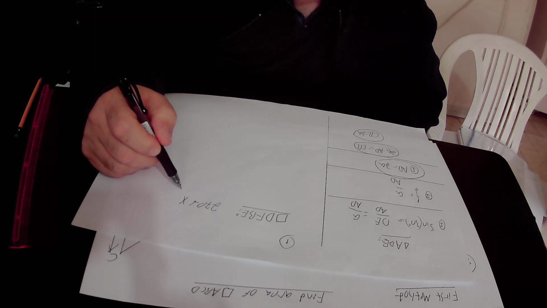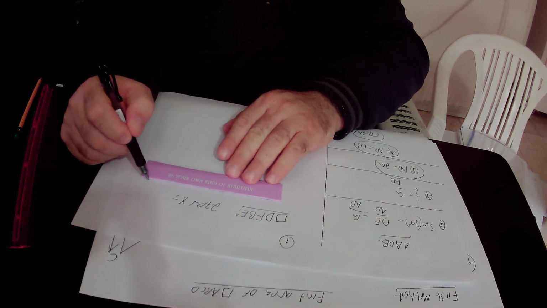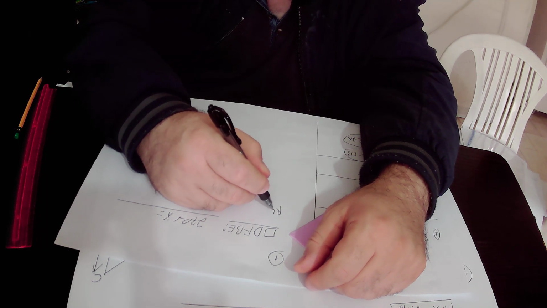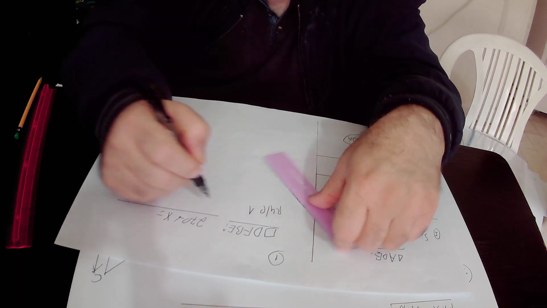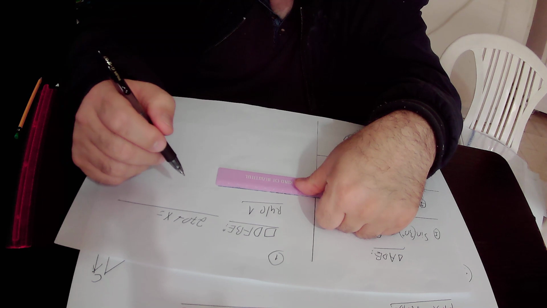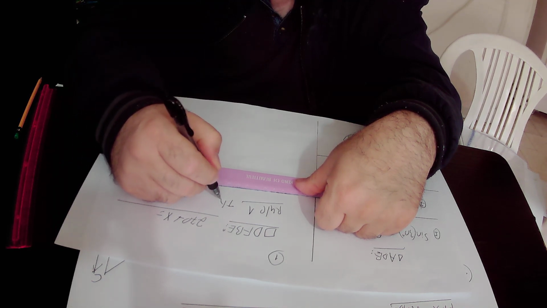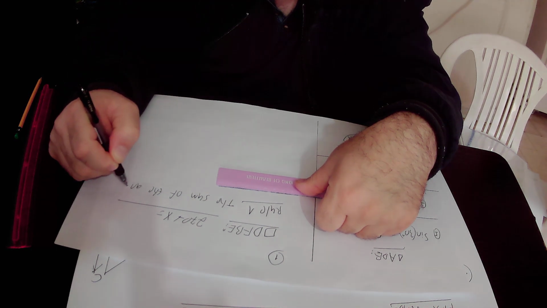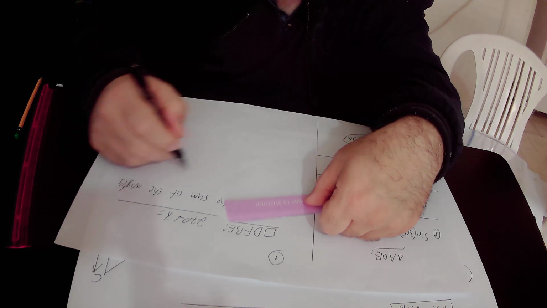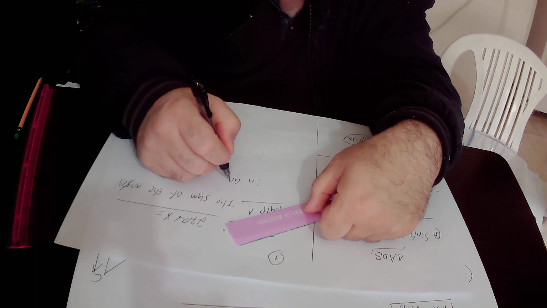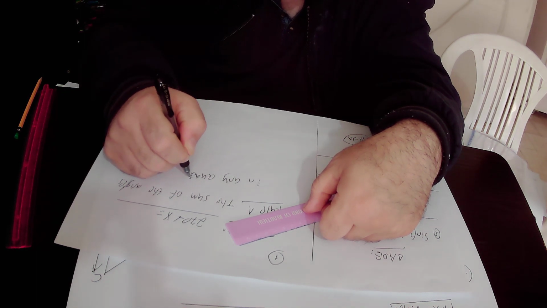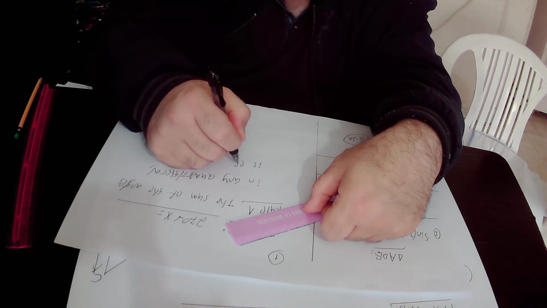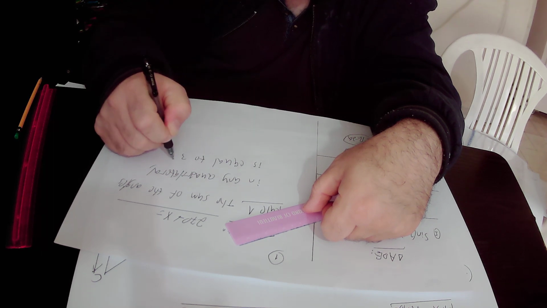And we actually have rule number 1. According to rule number 1, the sum of the angles in any quadrilateral is equal to 360 degrees.